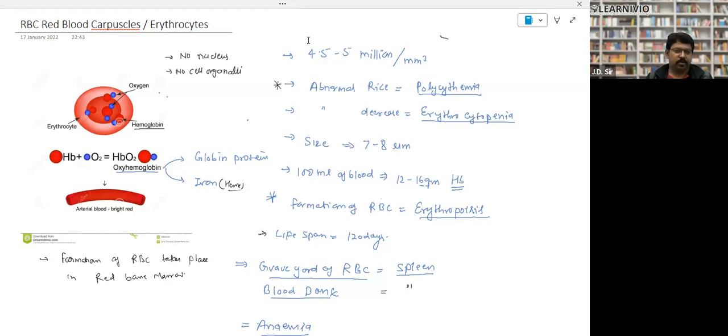Sometimes in some books, some notes, they frequently say red blood cells. That is a wrong notion and a wrong concept. We cannot call it a cell. We call it a corpuscle, and they are also known as erythrocytes.